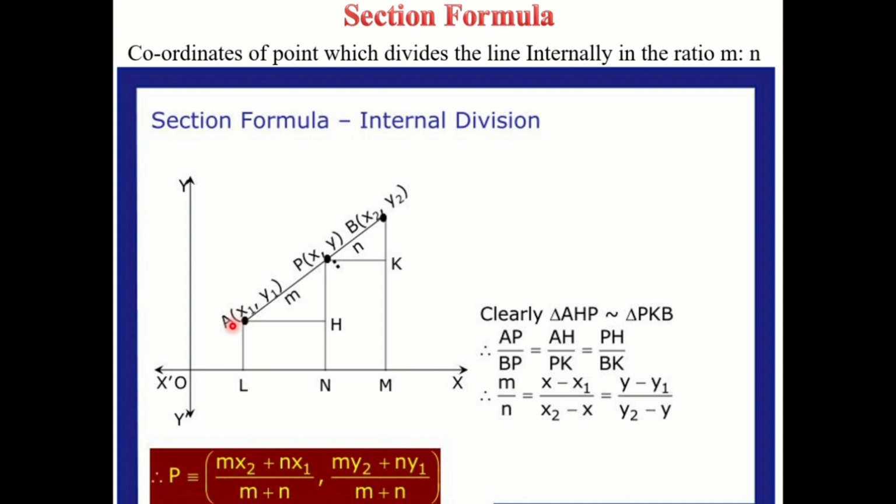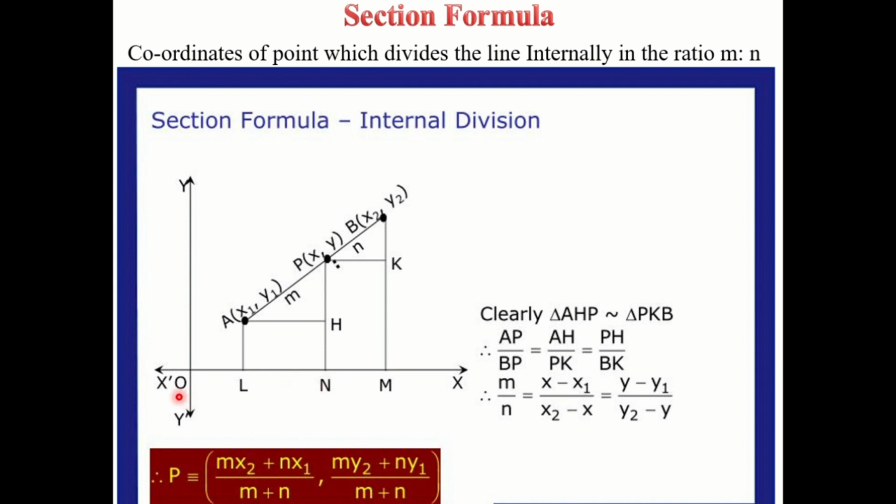As I told in the distance formula and the basic concept of plane coordinate geometry, A is at x1 distance from the y-axis and y1 distance from the x-axis, so this is x1 and this is y1. Now this is y and this is x.